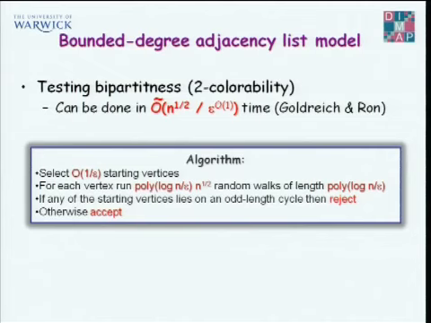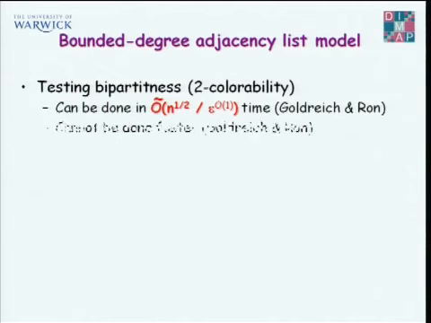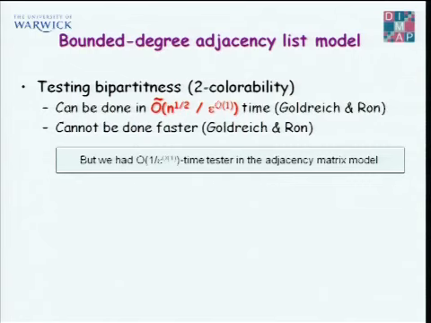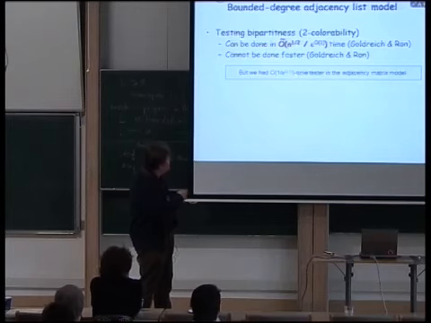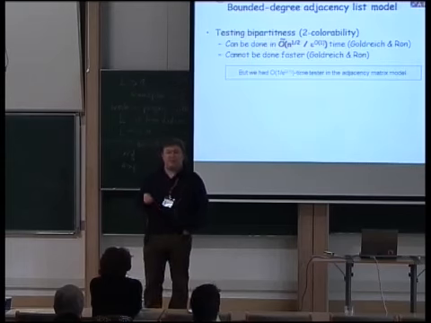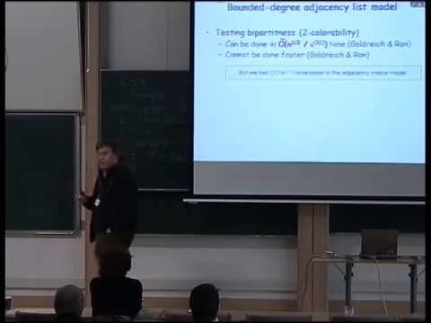They also show that you cannot do it faster, so you really need square root of n time to check if a graph is bipartite. On the other hand, as you know, we have constant time algorithms in the adjacency matrix model. In that case, the constant is really small, just 1 over epsilon square or so.